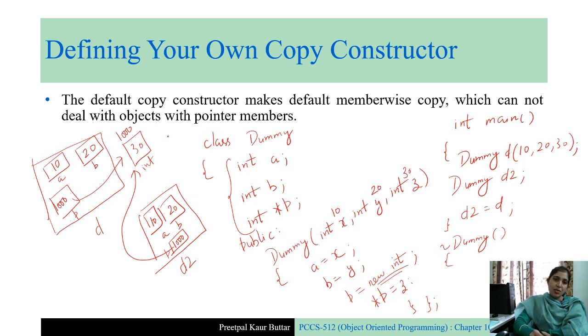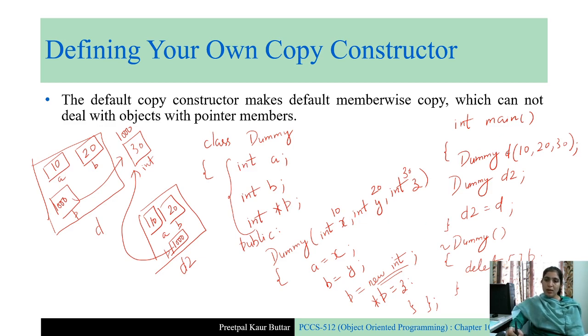Yes, this is the resource which is held by them. And how to free this memory? The memory is allocated using the new operator and memory is released using the delete operator. Let us write delete, and this is the syntax, delete P. It will release any memory which is held by P. So what will happen now?